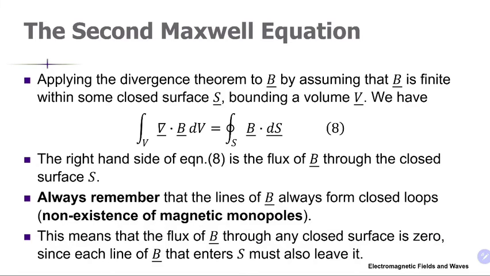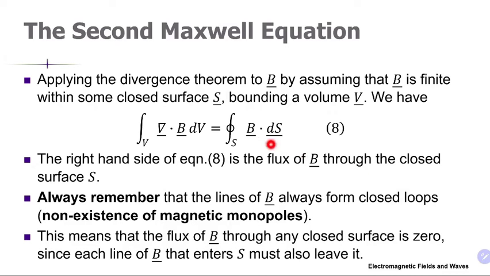B field. Again, following the same arguments, this is our closed loop integral of magnetic flux, and we said that there is no existence of a magnetic monopole, meaning that for our magnetic flux, if I have a closed surface, you always have one going in and one coming out, because it forms a loop, because it always comes in a pair.